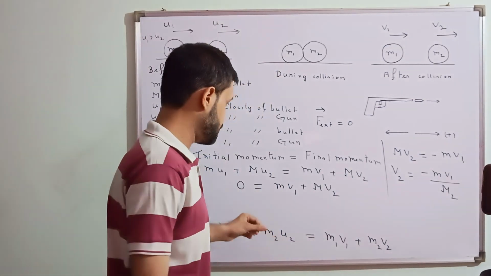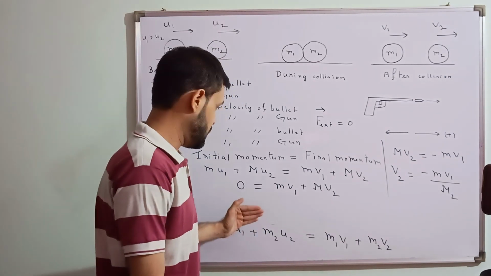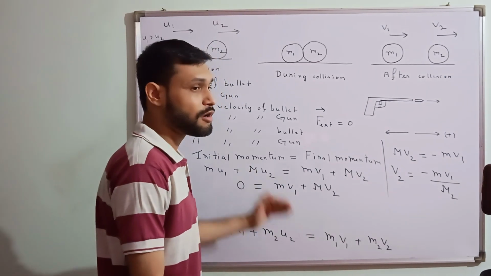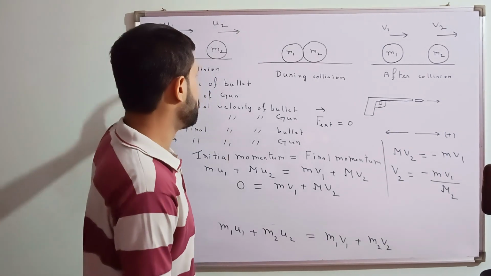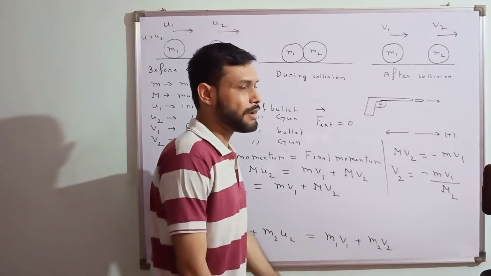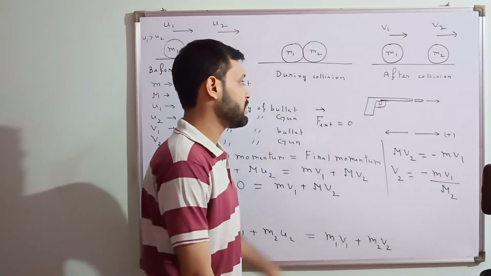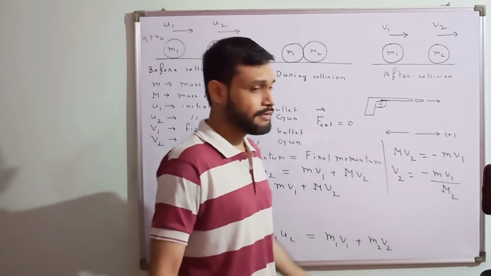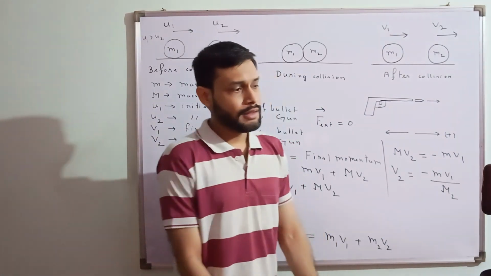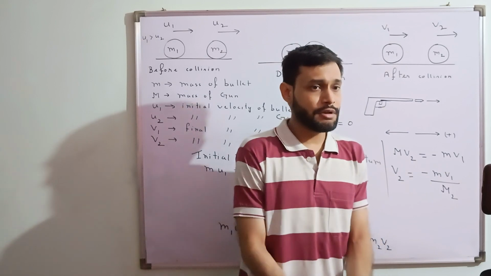So next, if we have a system of n number of particles, let's say we were having only two particles in the collision earlier, and likewise, in a system we have n number of particles.